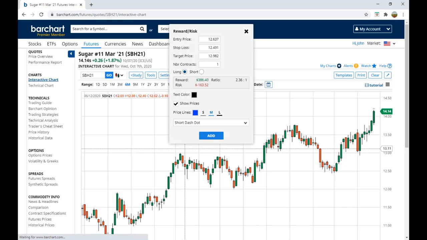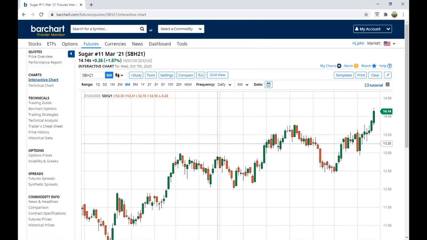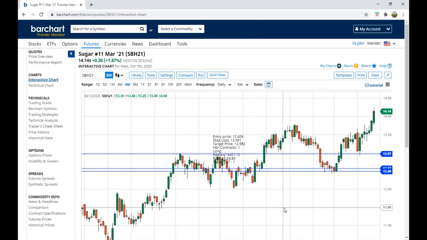Again, I could make adjustments to lower my entry to give me a greater risk reward ratio to maybe get me to my 3-to-1, right? Set that trade up. There is my trade setup.